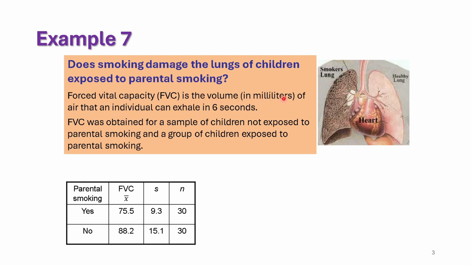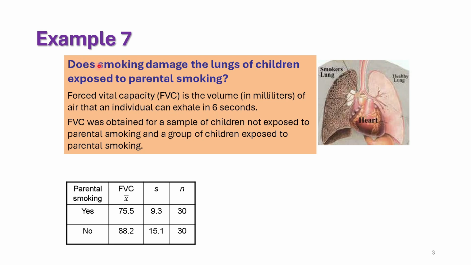It is the volume in milliliters of air. So those not exposed to parental smoking will have higher FVC because they have more air. Those exposed to parental smoking have lower air that an individual can exhale in 6 seconds.